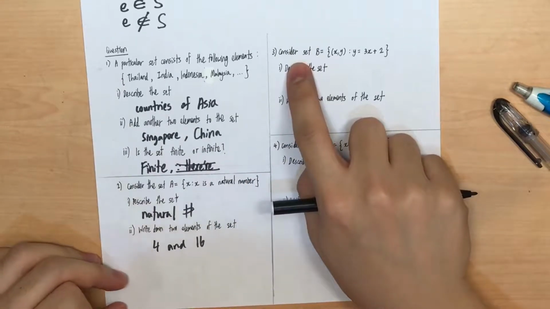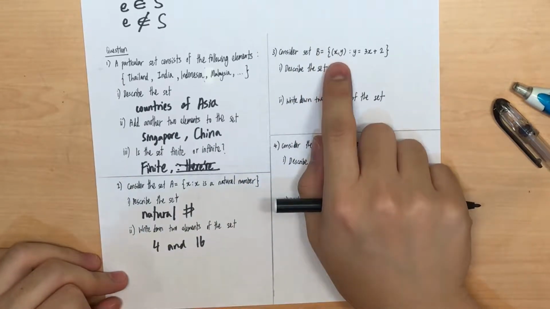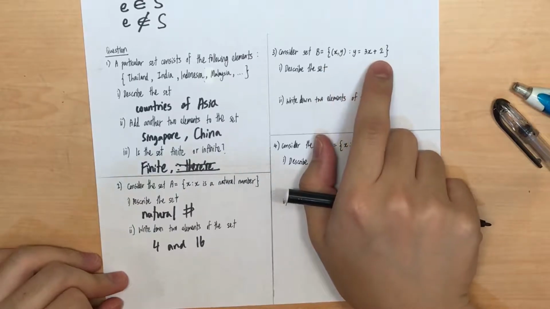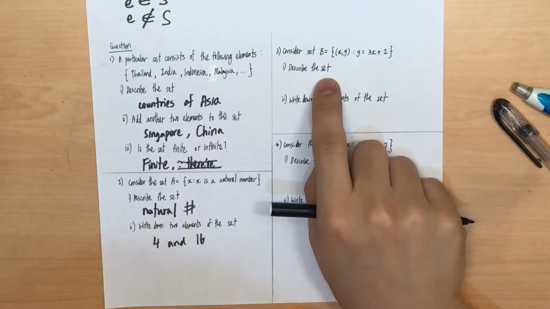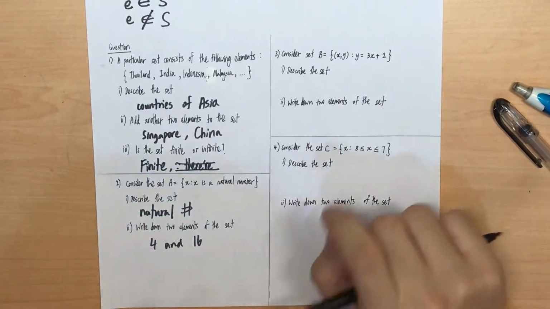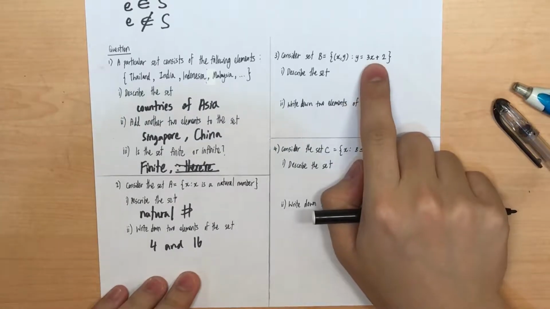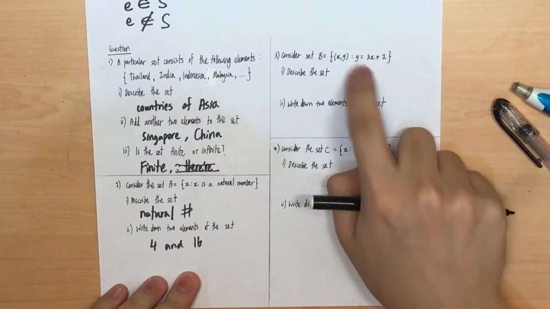Question 3. Consider set B of (x, y) where y is equal to 3x plus 2. Describe the set. So what does this mean? Whatever x and y are, they must fulfill this equation.